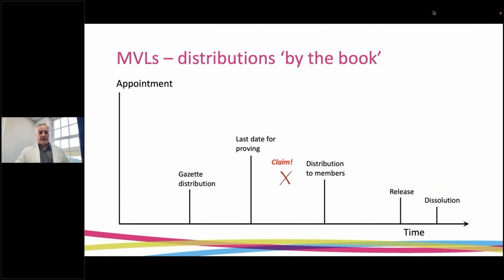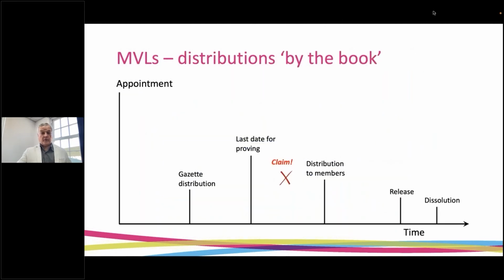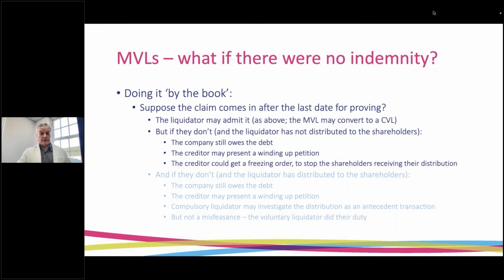Now, suppose the claim comes in after the last date for proving. In that case, you have a discretion to accept it, and here we'll assume that it's come in while you've still got funds, because you've not yet paid the distribution to members. So you've got the option of admitting it, but if you don't admit it, then the company will still owe the debt.